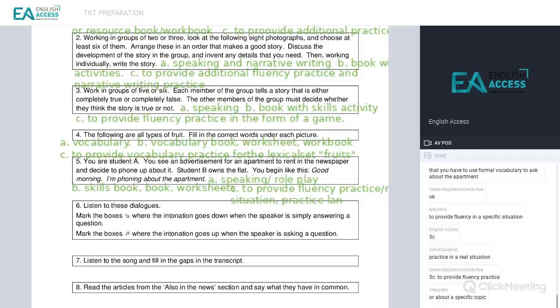To practice language taught earlier. All right. Or about a specific topic. Okay. That's good too. Cleopatra, we would like to know who you are.